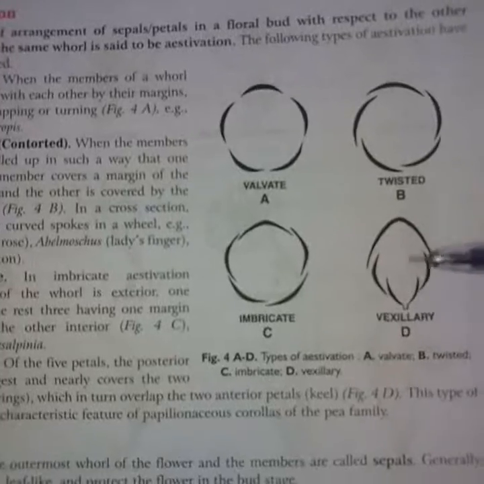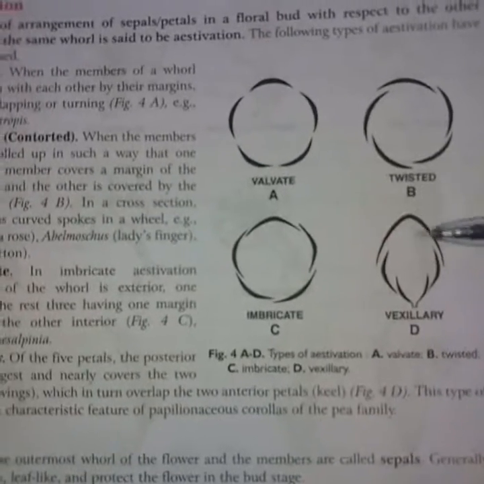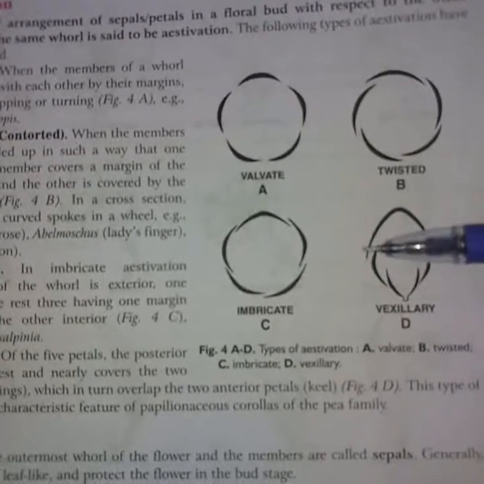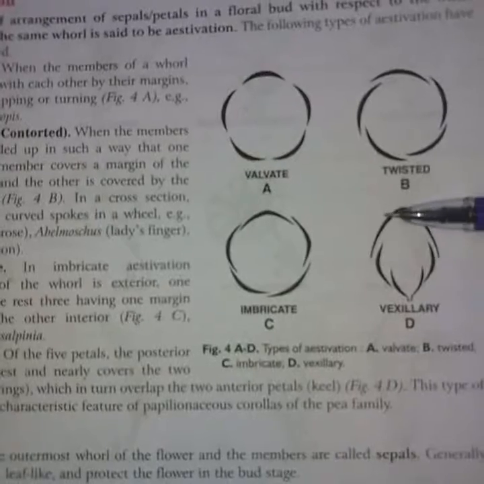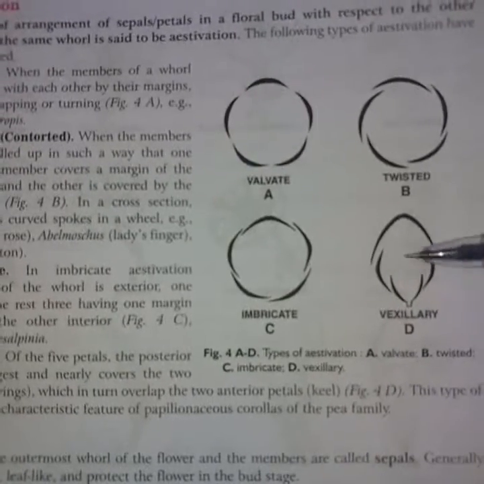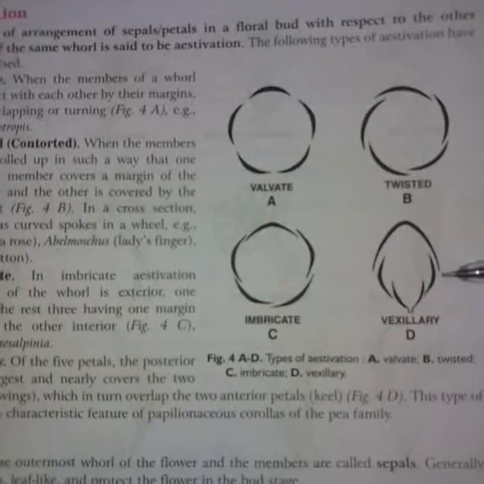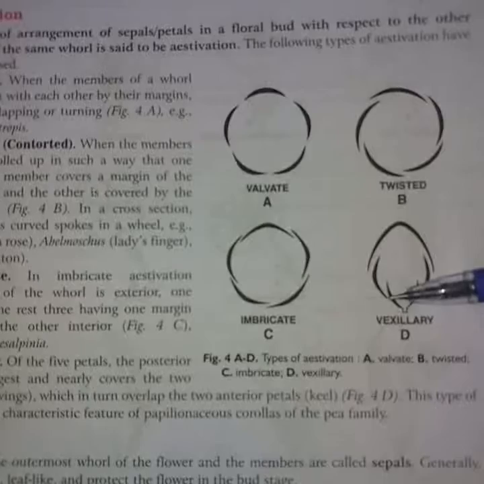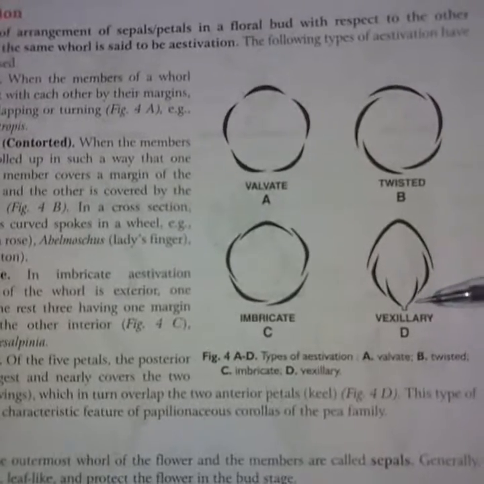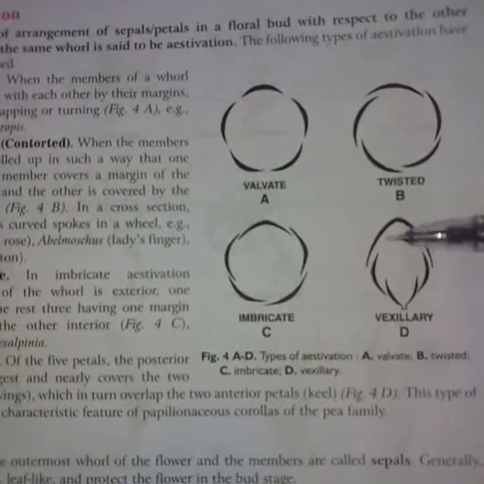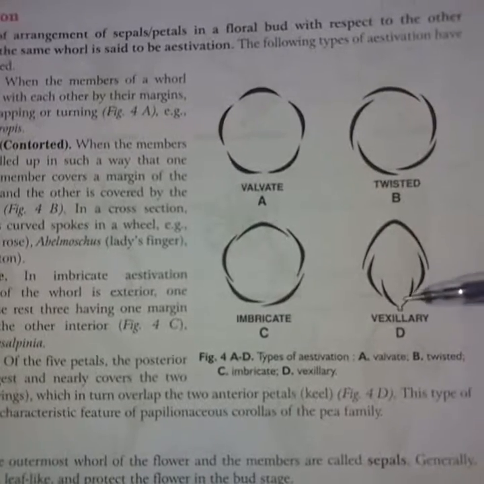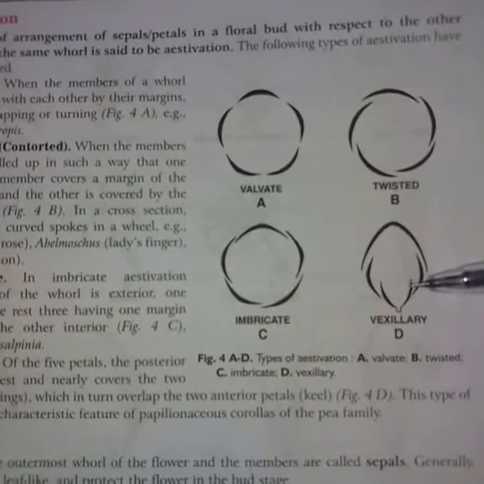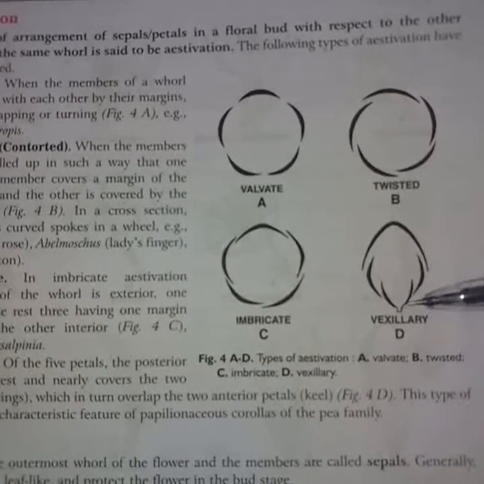So in this structure, five petals are present: 1, 2, 3, 4, 5. One petal on the upper side covers both lateral petals. The next two petals overlap, one margin inner and one outer. Next, the two short petals are inner on the upper side and joined on the lower side.